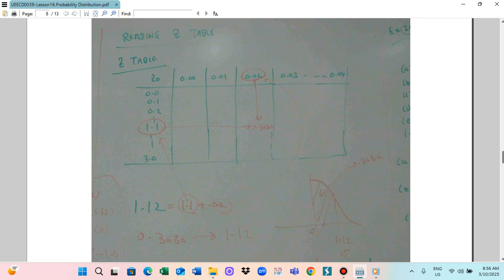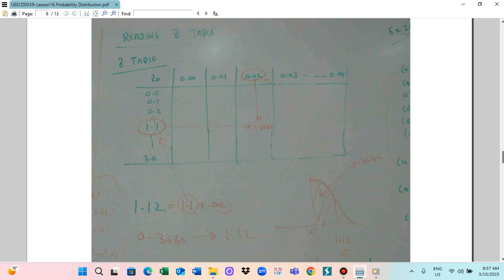You may not find it in the table, but you have to use the most appropriate value. 0.3686 is very close to 0.3690, so you can still use 1.12. In this case, you have to use the nearest value. This is why Z0 is also 1.12.